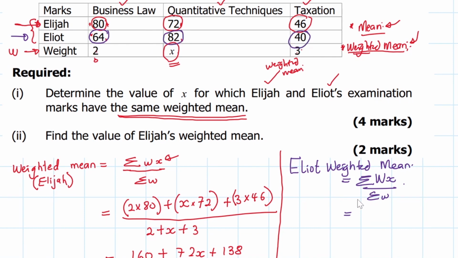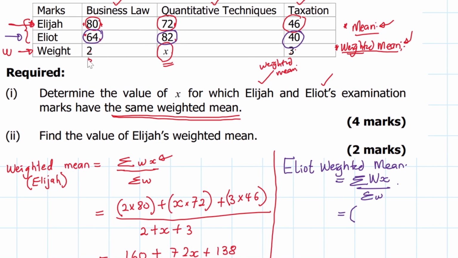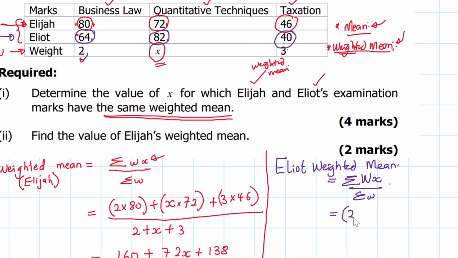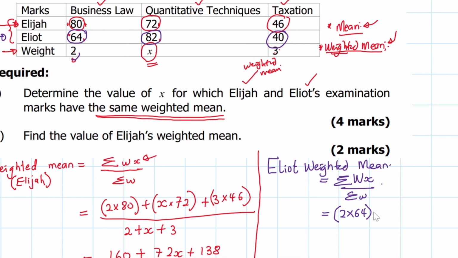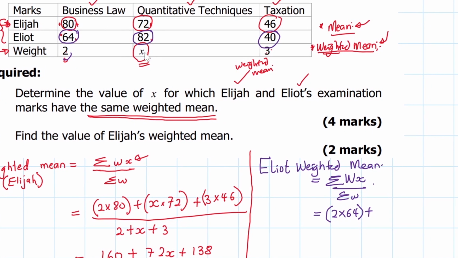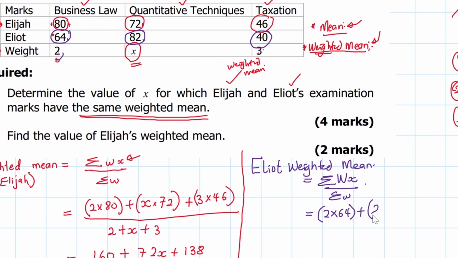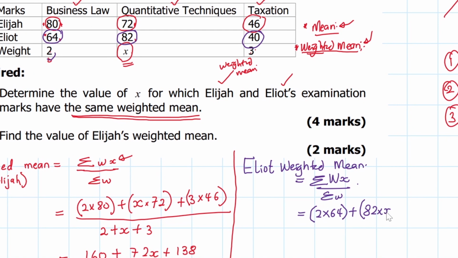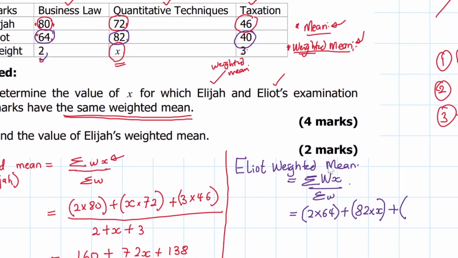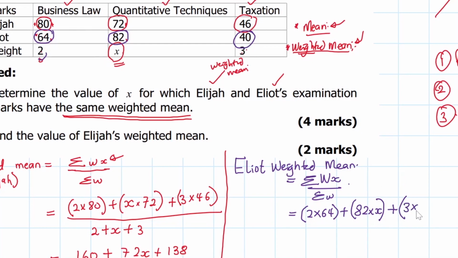So again, it's going to be the weight 2 times 64, plus X times 82, or 82 times X, whatever the order, plus 3 times 40, divided by the total weights, which is definitely the same, 2 plus X plus 3.